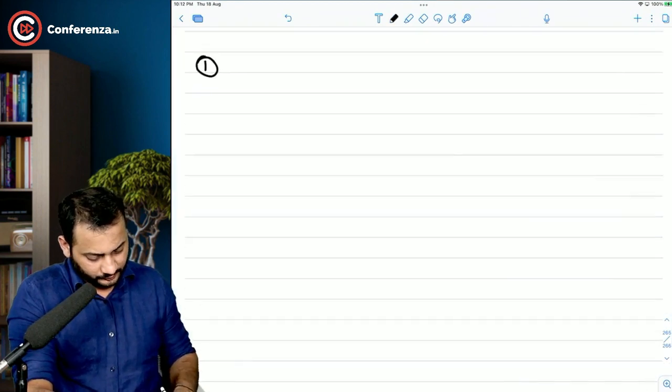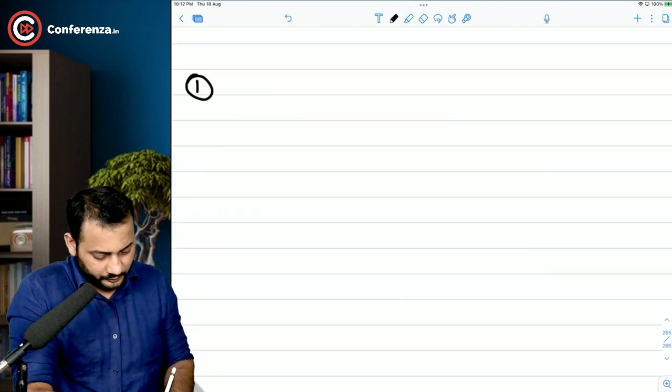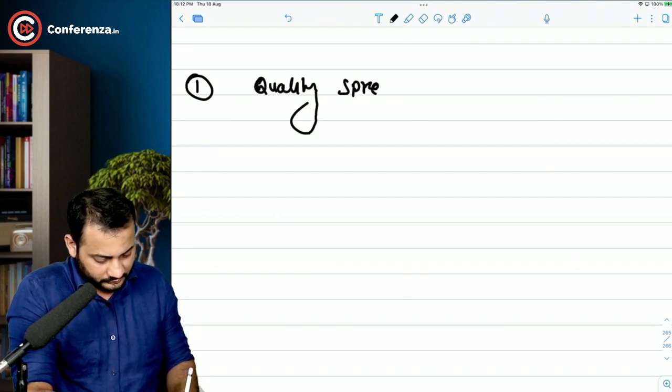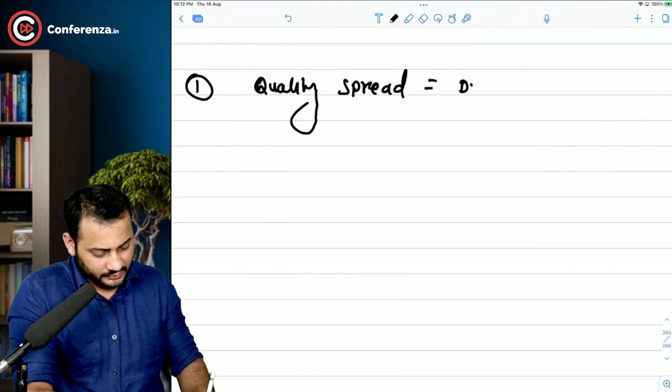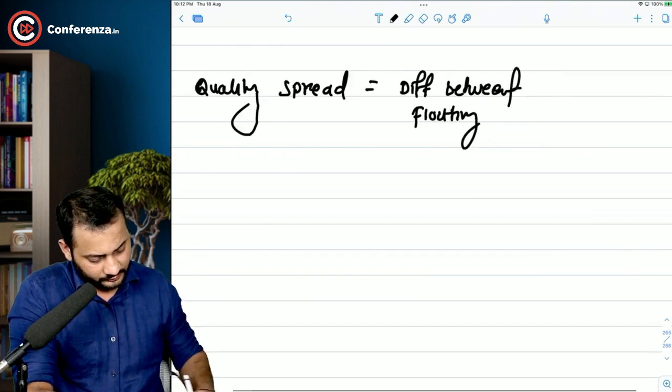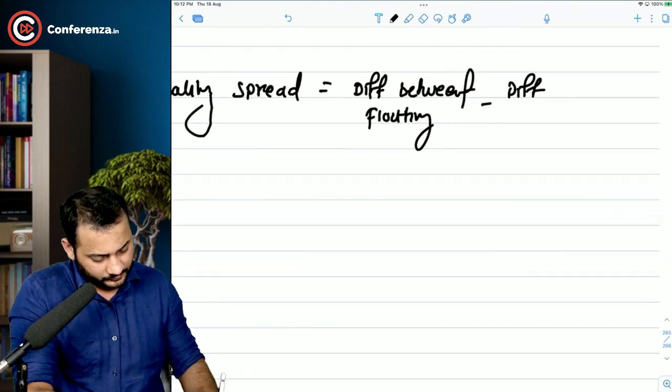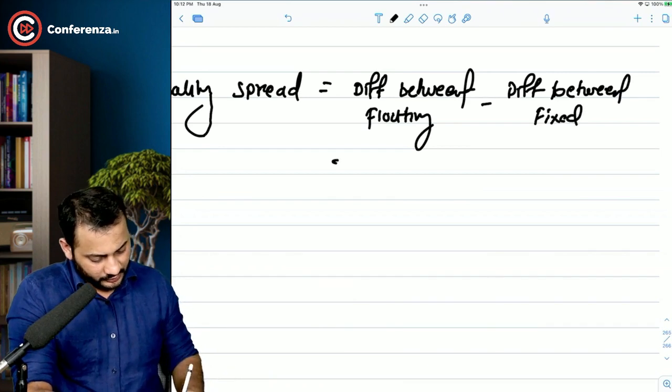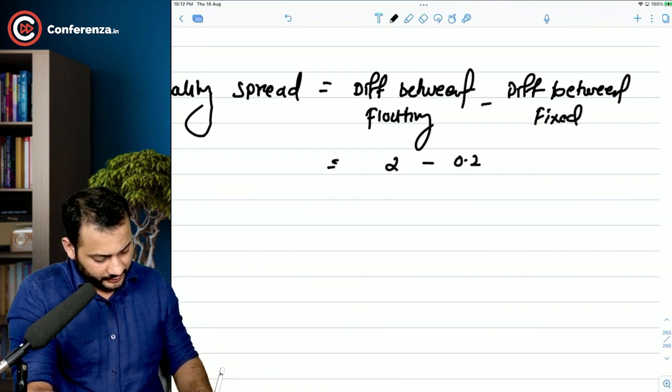First of all, quality spread is the difference between floating minus the difference between absolute difference, right? Fixed. So this is 2 minus 0.25, that's 1.75%.